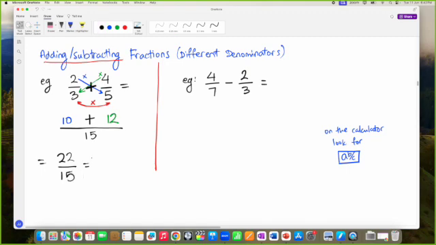Which could be, let me see, 22 over 15. Yeah, right. So it'll be 1, because 15 could go into 22 once, and then you'll have 7 remaining. Right? So 15 plus the 7 will give you the 22 over 15.